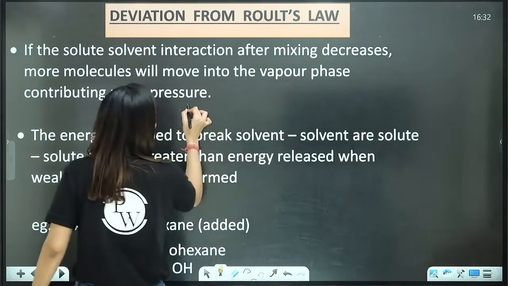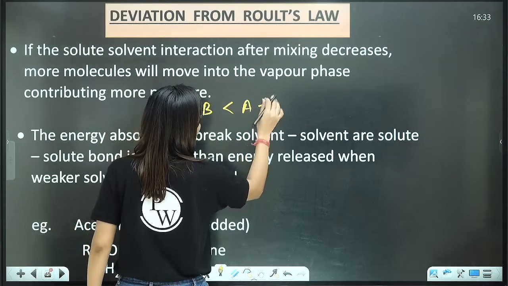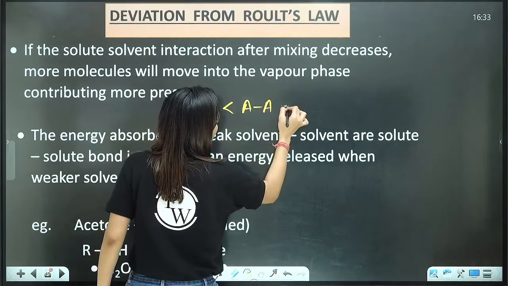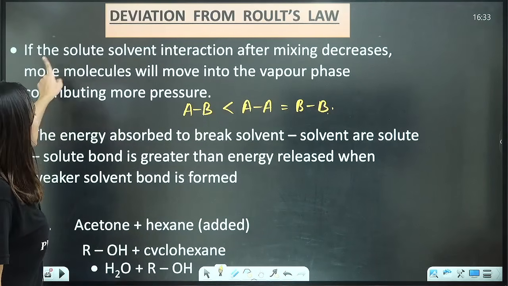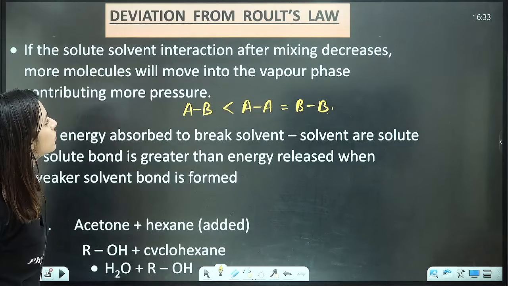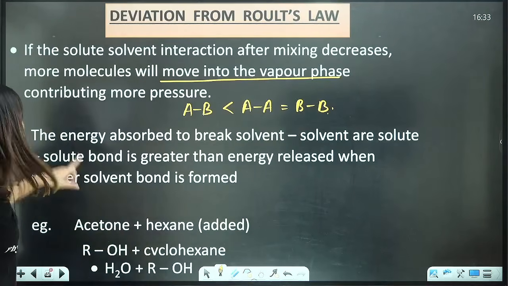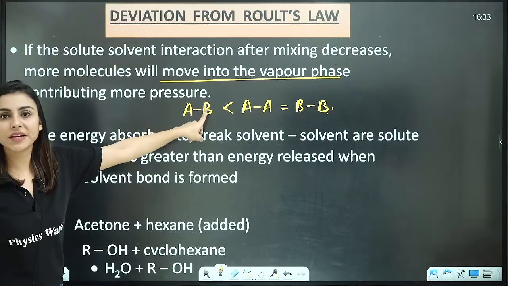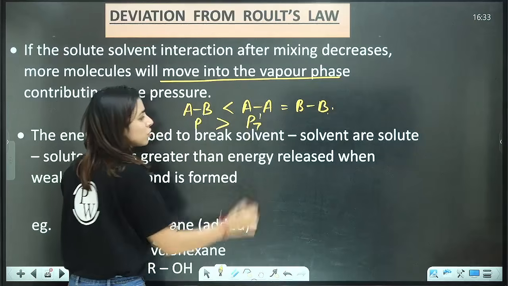That is, it is saying that AB interactions are less than AA interactions or BB interactions. If the solute-solvent interactions after mixing decrease, more molecules will move into the vapor phase, contributing to more pressure. And that is the reason the pressure of this side would be more than the pressure of this side.